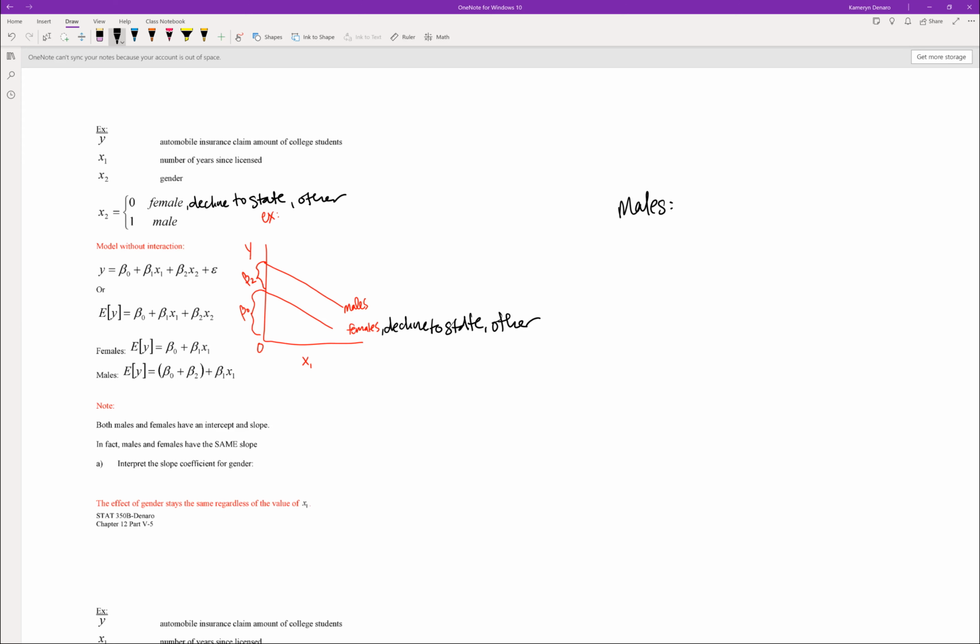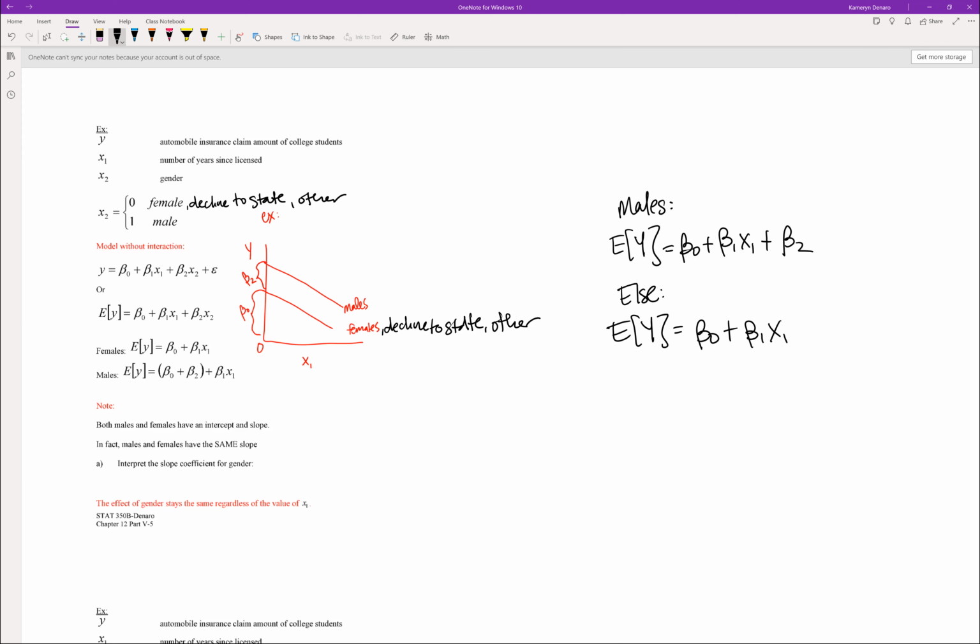for the males, X2 will equal 1. So we have the expected value of Y equal to beta 0 plus beta 1 X1 plus beta 2. And for everyone else, the expected value of Y equals beta 0 plus beta 1 X1.